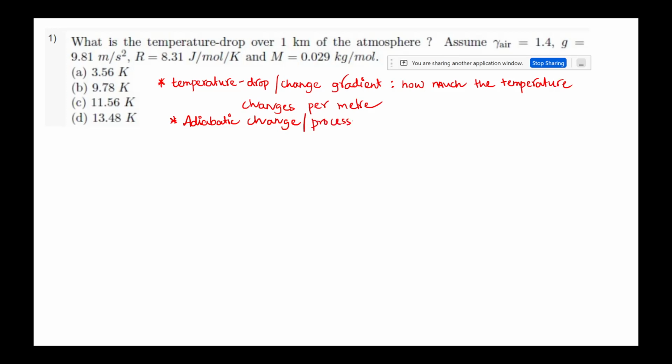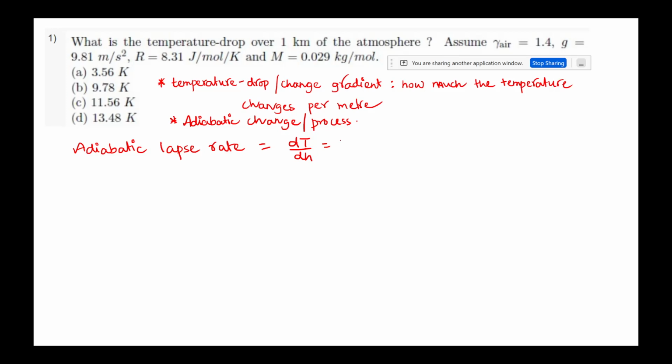We have to first get the adiabatic lapse rate, and the relation for this is dT by dh, where T is temperature and h is the height.